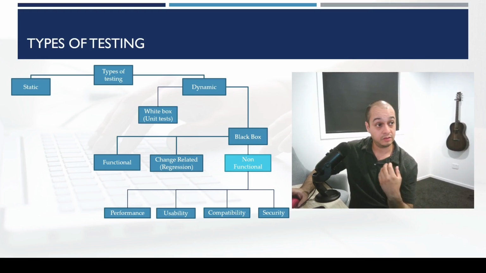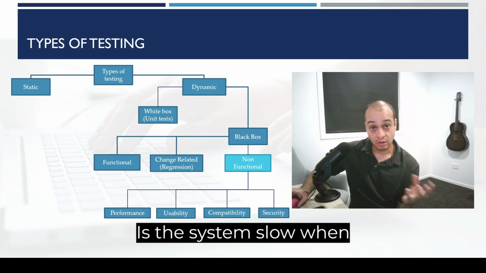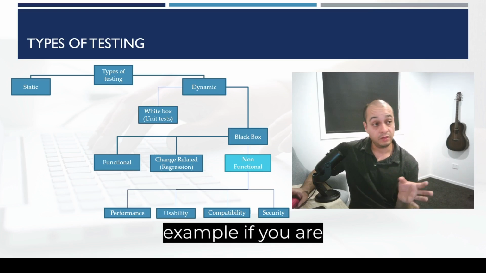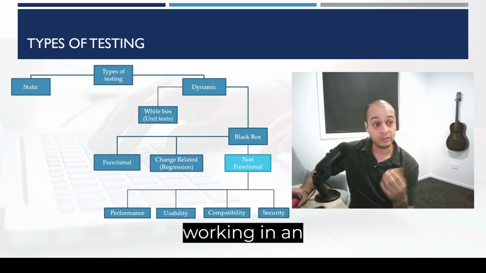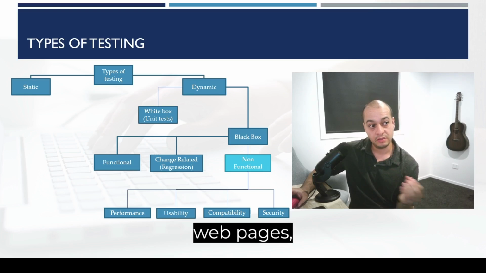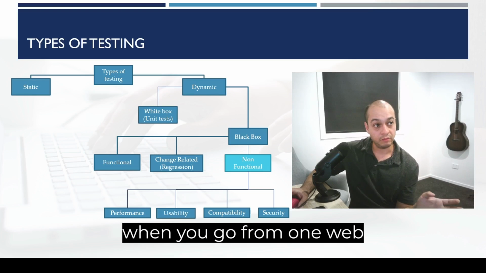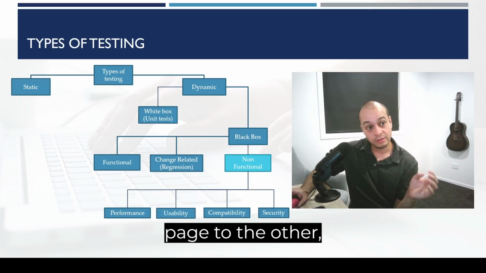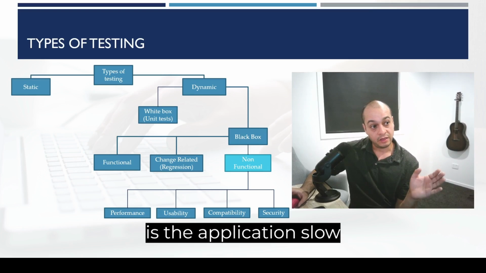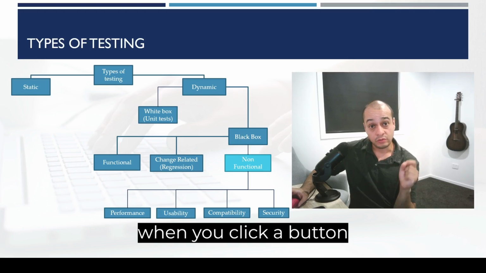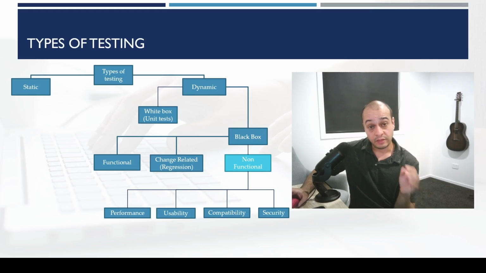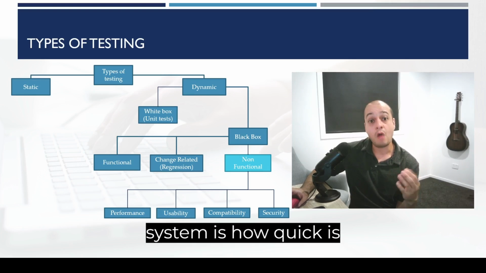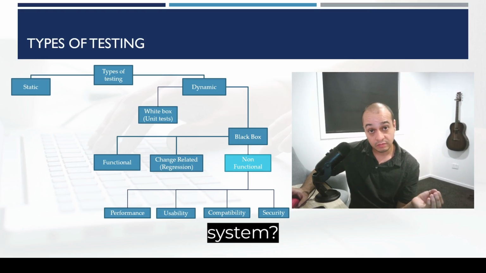Is the system slow? For example, if you are working on an application with several web pages, when you go from one web page to the other, is the application slow? When you click a button, how quick is the response of the system?